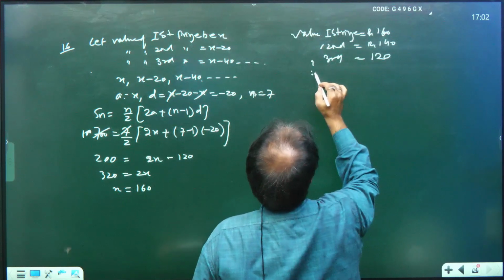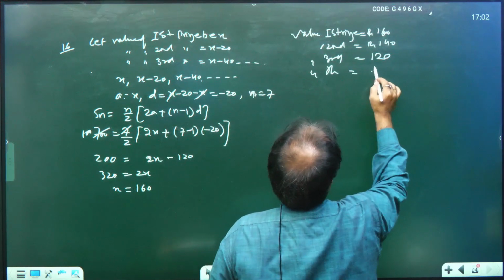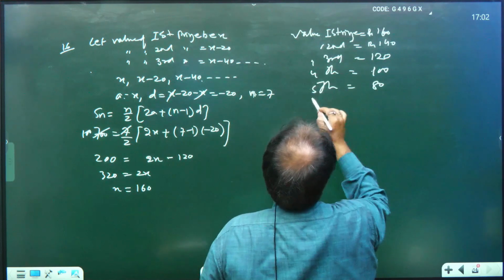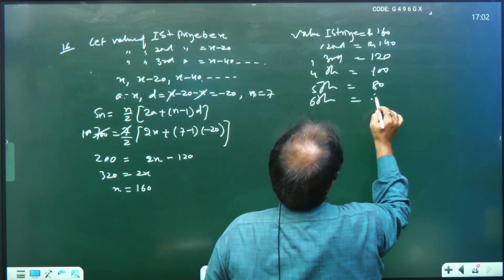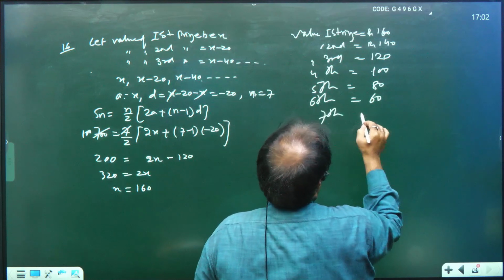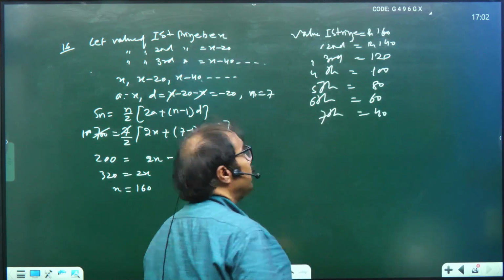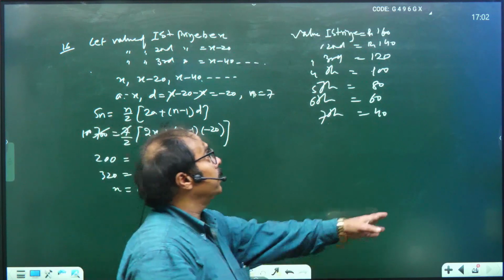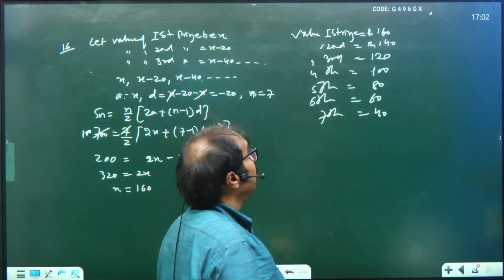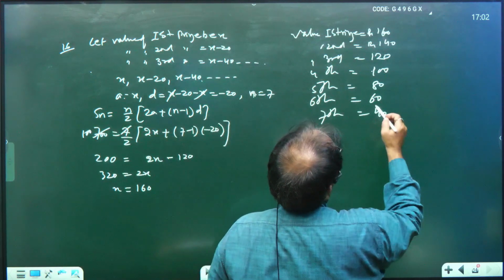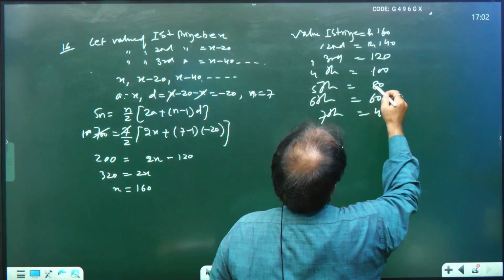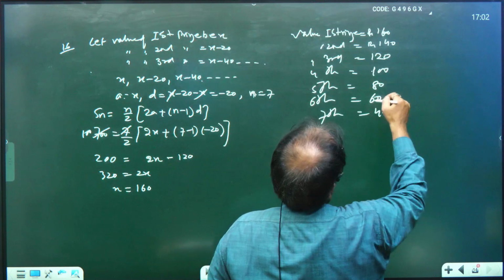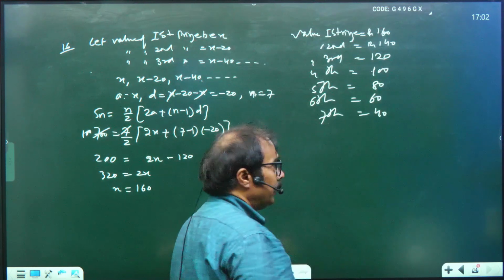Fourth prize will be 100, and fifth prize will be 80, sixth prize will be 60, and seventh prize will be 40, right? So this is the process to find the value. If you want to check the answer, add all these numbers, you will get 700. Okay, this is right.